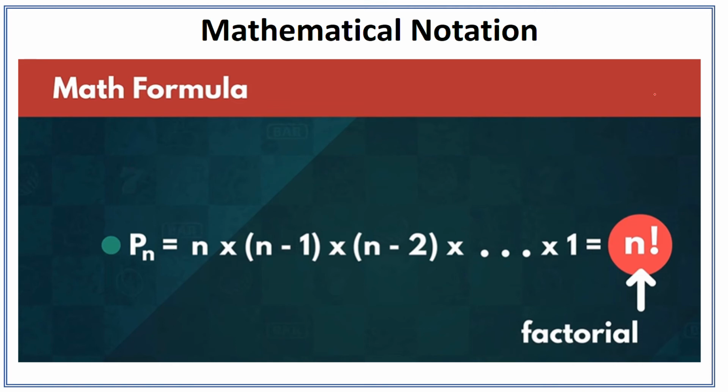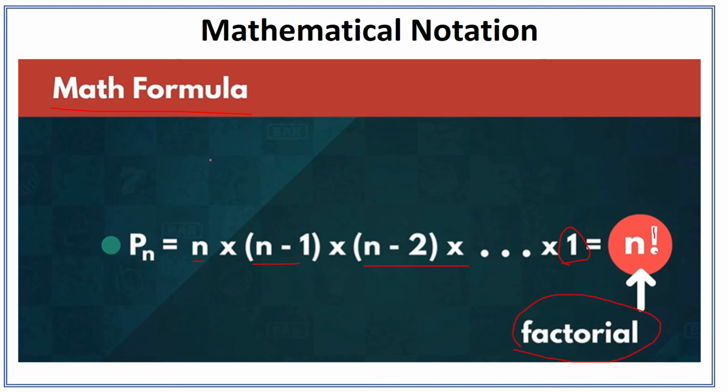So how will it go now? If I want to convert it into mathematical notation, it is like this: P of n, that is permutation of n, is n into n minus 1 into n minus 2, and at last it will be 1. We denote it by this exclamation symbol, and we call it factorial.